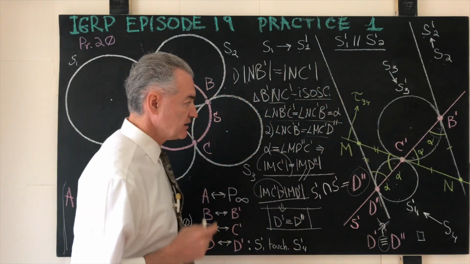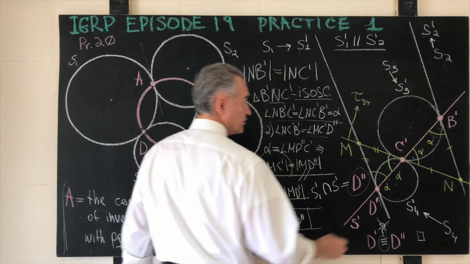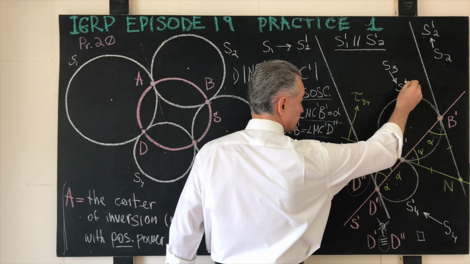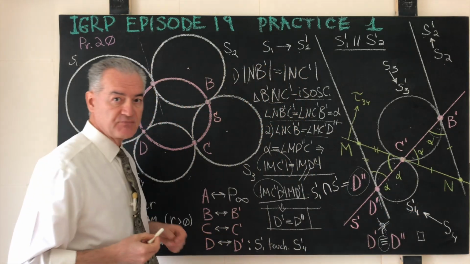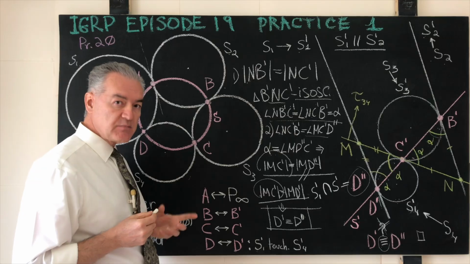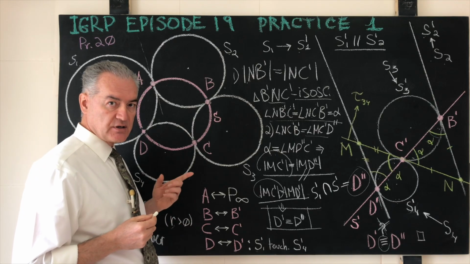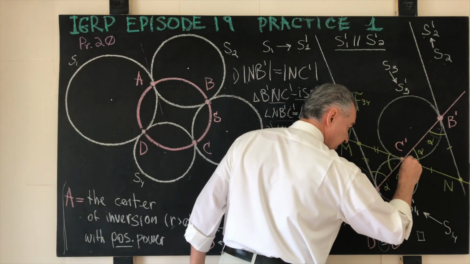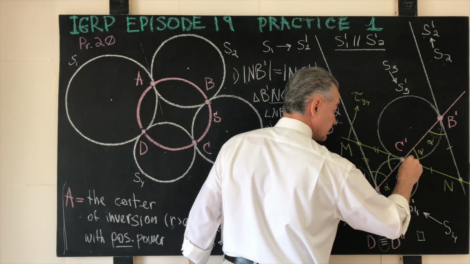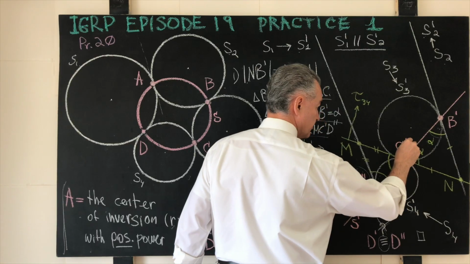It is based on the idea that the image circles S prime 3 and S prime 4 are actually the homothetical images of each other under the homothety of the parent plane that has the center precisely at the point where these two circles touch, at the point C prime.